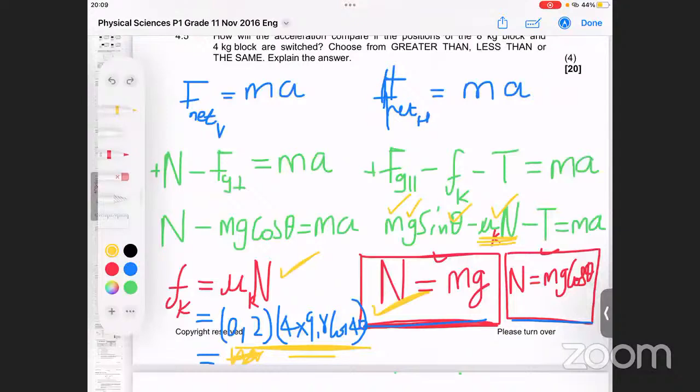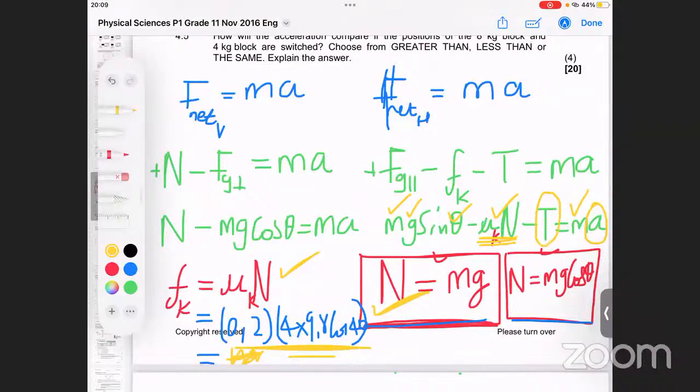Tension, we don't have tension. We don't have the value for the tension. Let's just leave it for now. On the other side, we have the mass, but this is what we are trying to calculate. So can you now see we've got a problem?